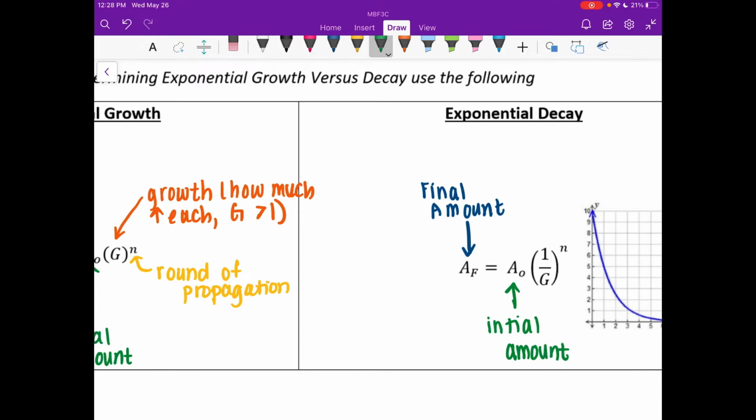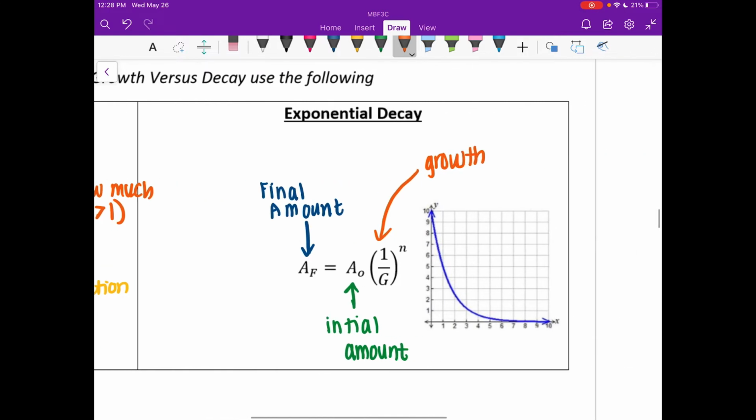The only difference here is your G value, or the amount it's growing, right, is going to be a decimal. So it's either a decimal or a fraction. And it can also be called decaying value, decay value, decrease value.